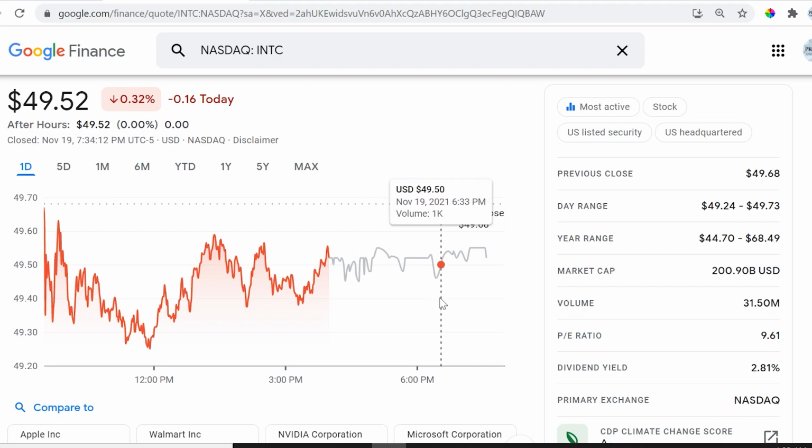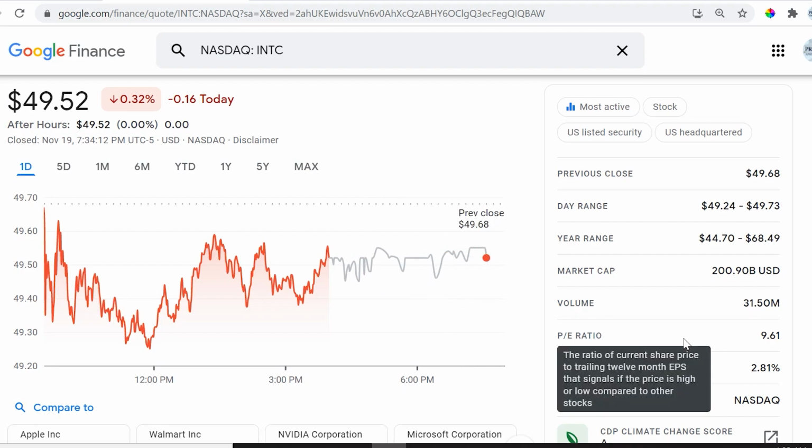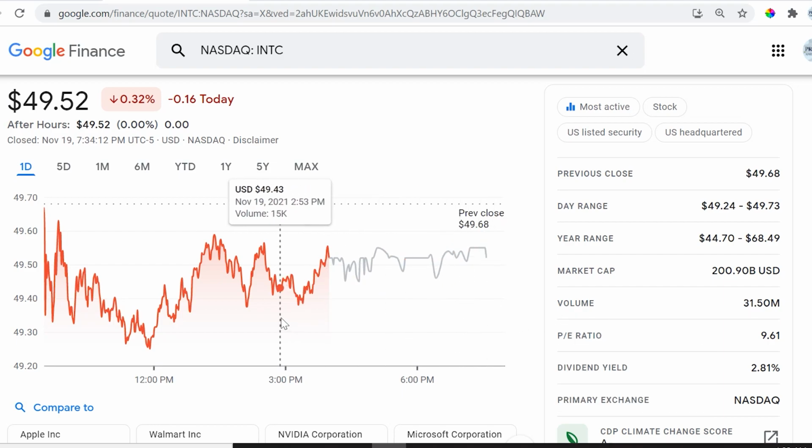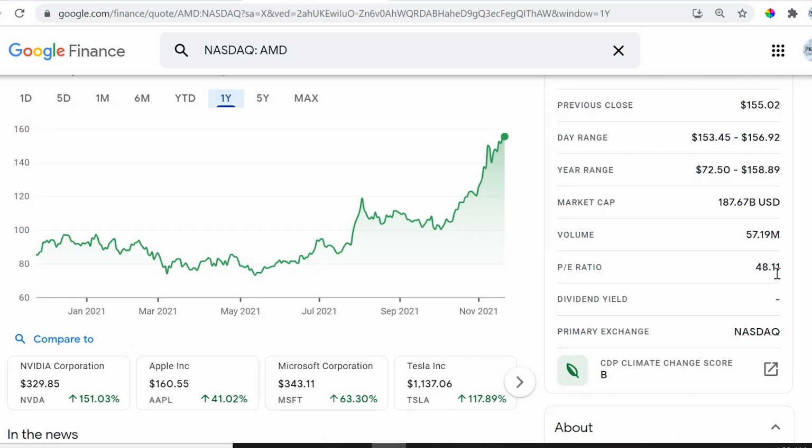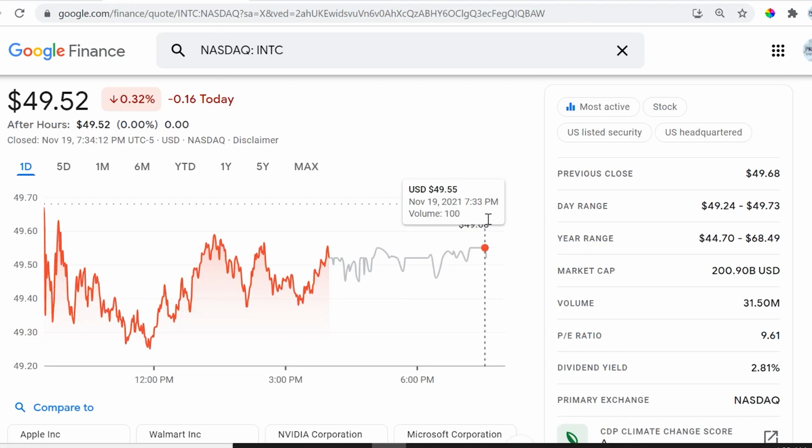So not a lot of capital outflow from the low PE ratio stocks because they're kind of trading on basement floor prices anyways. Whereas AMD is trading at a lofty PE of 48.11. And so it tends to drop more percentage-wise than something like Intel when there's a broader market sell-off. At least that's what I've found in my findings. If you disagree, please mention in the comments.